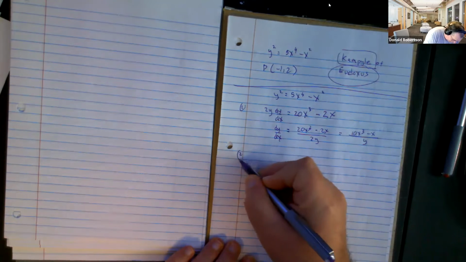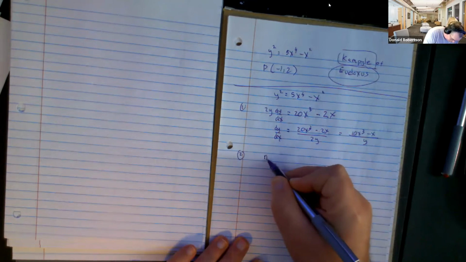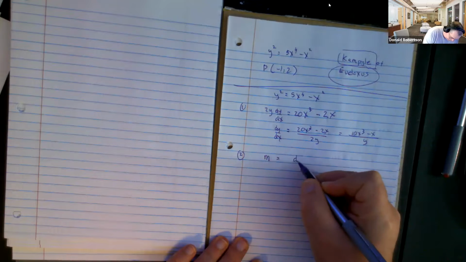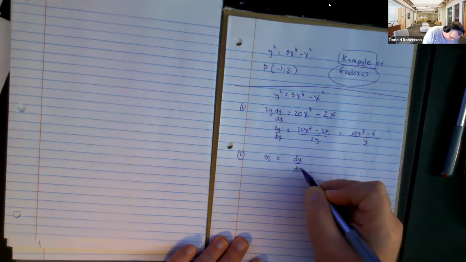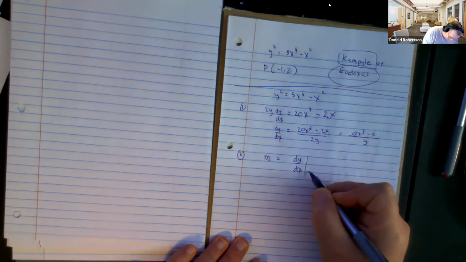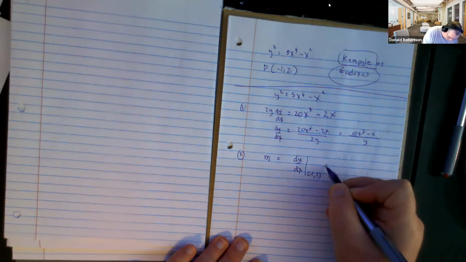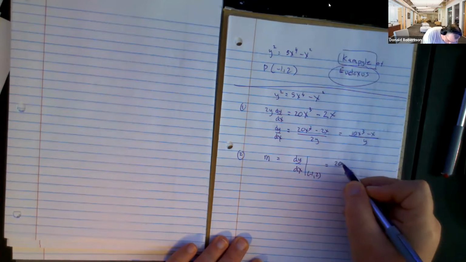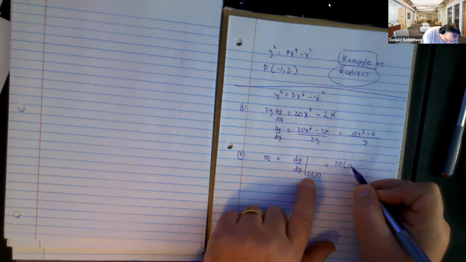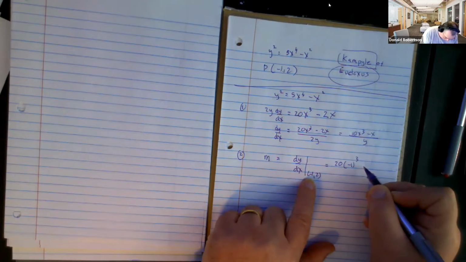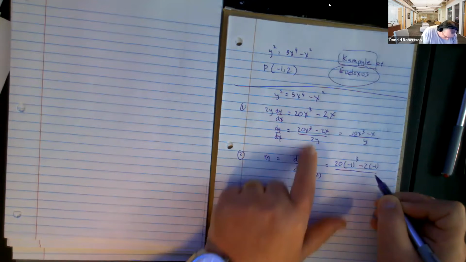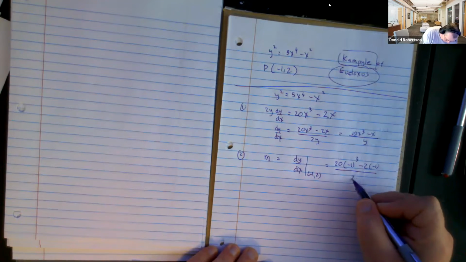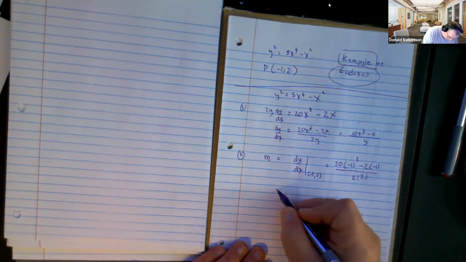So step 2 now is find the slope of the tangent line. And you do that by evaluating the derivative at this point here. So it's going to be 20 lots of -1 cubed, take away 2 lots of -1, and I'm using this guy up here, over 2 lots of 2.